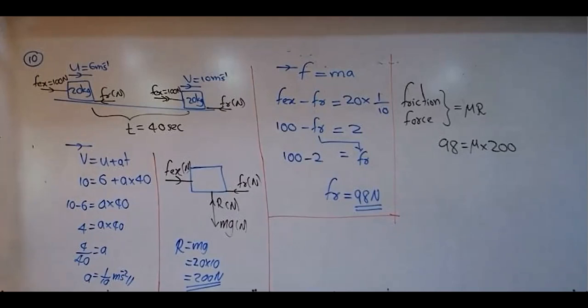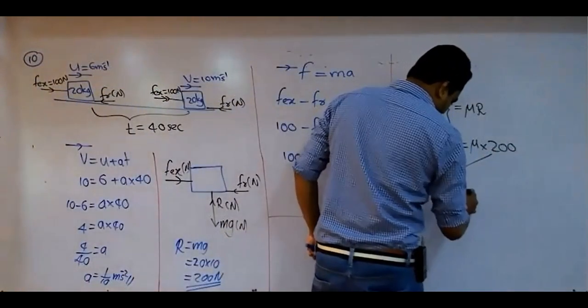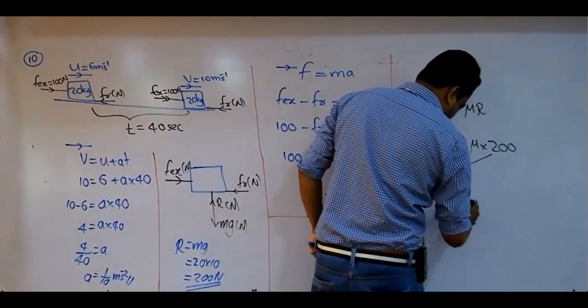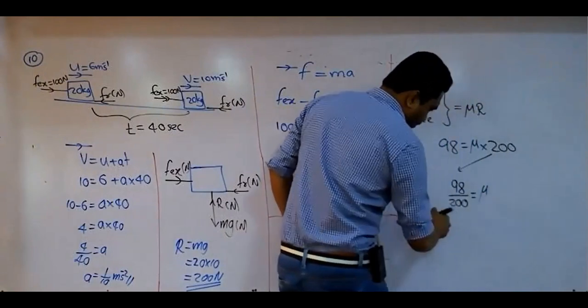Because all the units and dimensions cancel out, right? Because 98 Newton, 200 Newton, so Newton cancels out. Only mu will be there. Mu has a numerical value. So if we take 200 to this side, 98 divided by 200 equals mu.